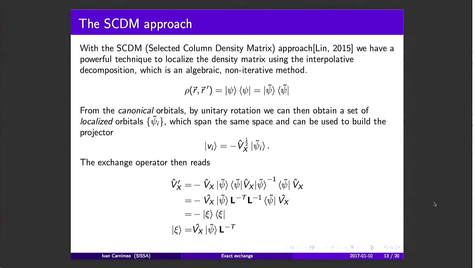So by QR decomposition of that matrix, we are able to find a set of localized molecular orbitals, which are related by just a unitary rotation from the canonical set. So basically all the physical quantities and expectation values are the same, because it's just a rotation of the occupied subspace. So we can apply our inner projection procedure to the new set, using the localized orbitals.